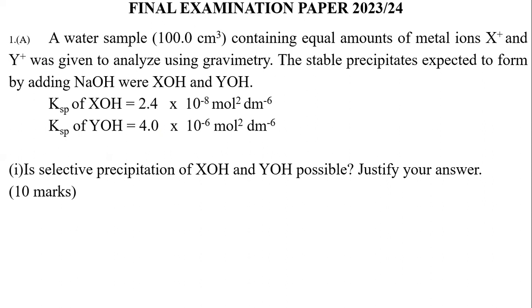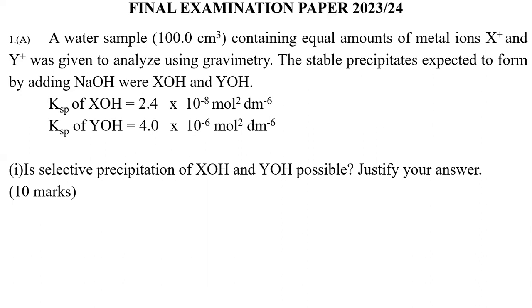So is it possible in this case? No, madam. It's not possible, because it has to be the higher Ksp over the lower Ksp. The higher one is 10 to the power -6, the lower one is 10 to the power -8, so you get 10 to the power -2.